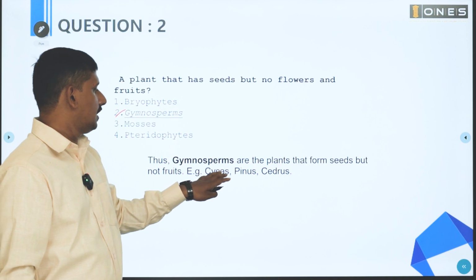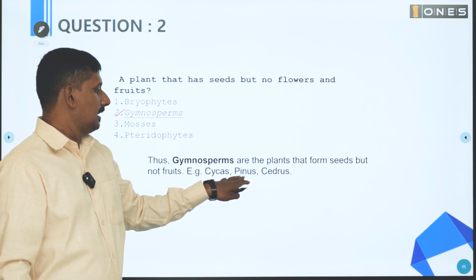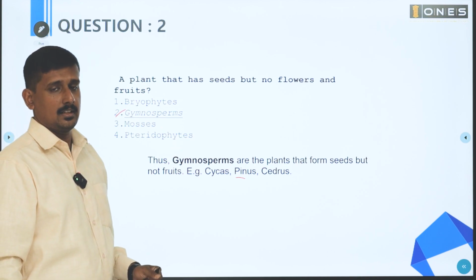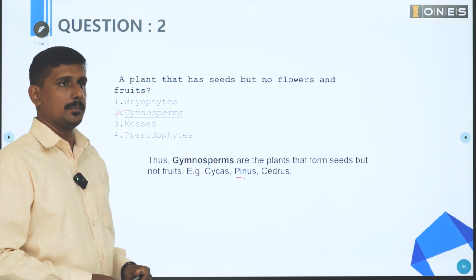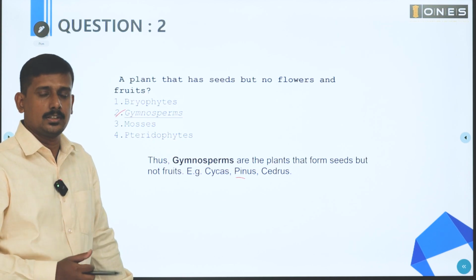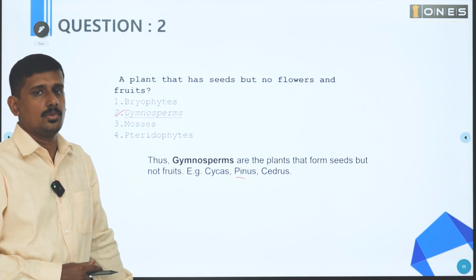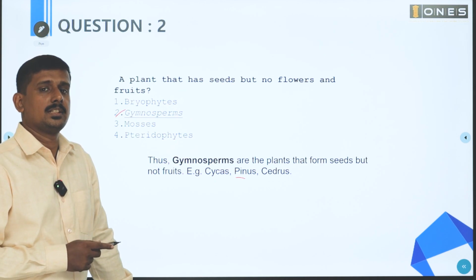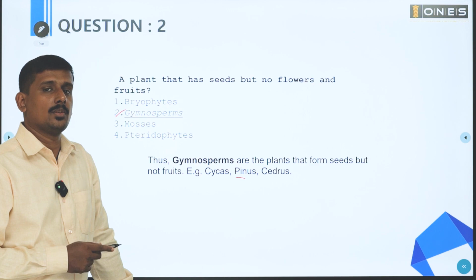For example, silver oak is an oak tree. If you go to high terrain, like Kashmir, you will see a few trees which have only seeds but no flowers. Why?